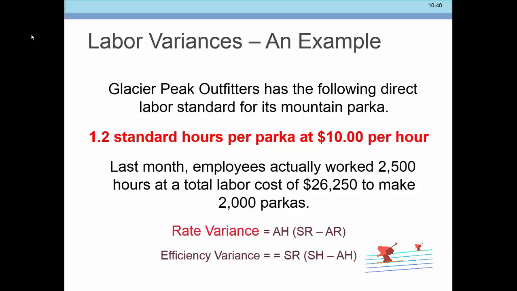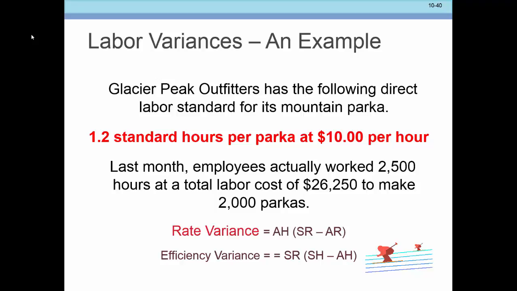Other than that, for our rate variance, we don't talk about quantity of labor, we talk about hours that are used, so it's going to be actual hours, good. And it's going to be standard rate minus the actual rate, isn't it? Okay, good. There's my rate variance.